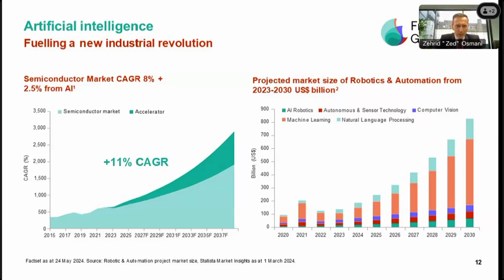On the right-hand side, what you can see is a projection of robotics and automation growth to 2030. And again, that robotics trend has been supported or accelerated by AI. The compound growth, if you did the numbers here, would be about 15% annualized over a 10-year period. So again, very supportive themes feeding into that AI theme and leading to that supportive and bullish view that we have.